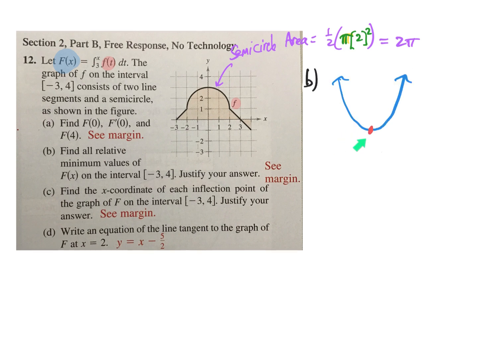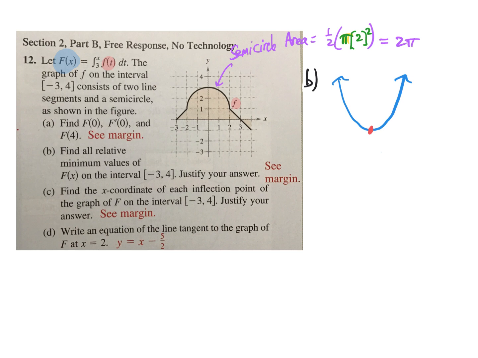Let's consider just the general idea of a local minimum. Recall that if there's a minimum, you're going to have a negative slope, and as you move to the right, your slope is becoming less negative, less steep, until it's actually 0.